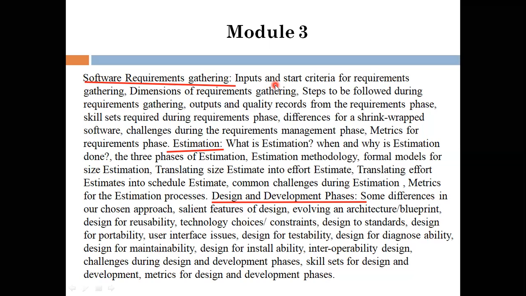And translating phase estimates into effort estimates, and in turn, translating effort estimates into schedule estimates. And what are the common challenges during estimation? And then the design and development phase, which is the last topic we are talking about now. Let me move on to it.